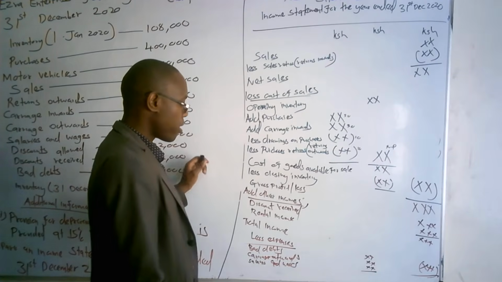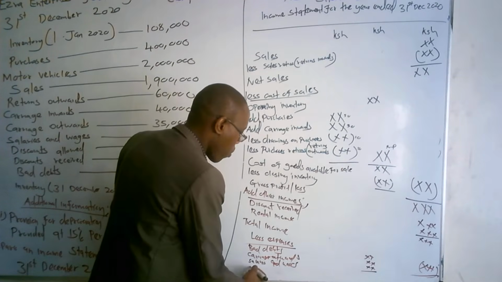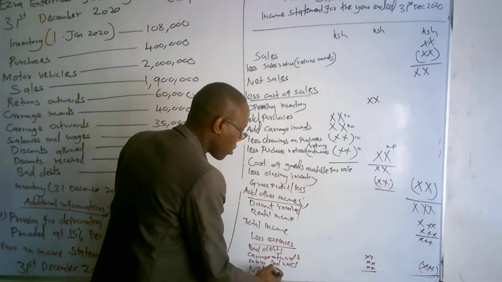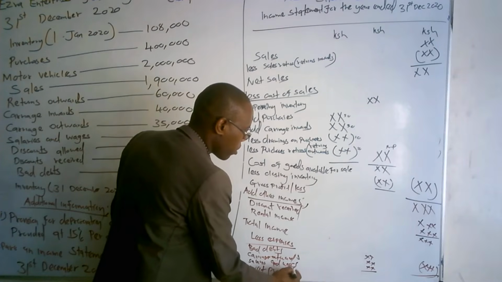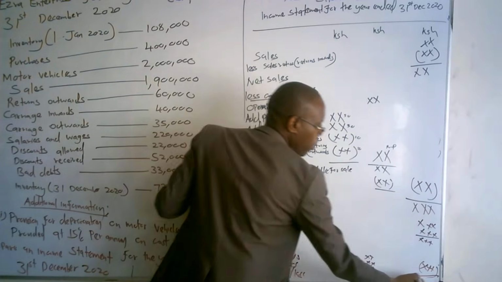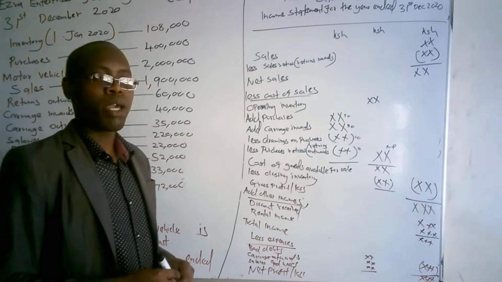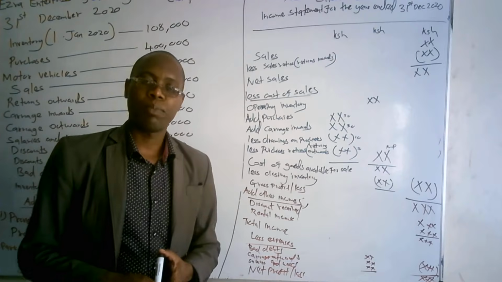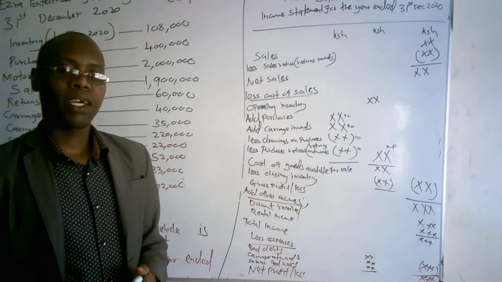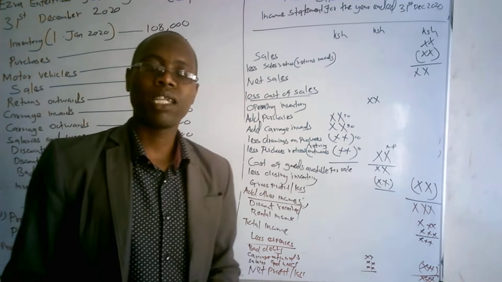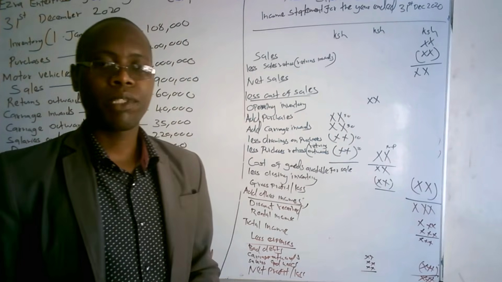The answer that we get down here is what we call the net profit or loss. If it is negative, it will be a loss. If it is positive, it will be a profit. So that is an income statement. That's how we prepare an income statement.